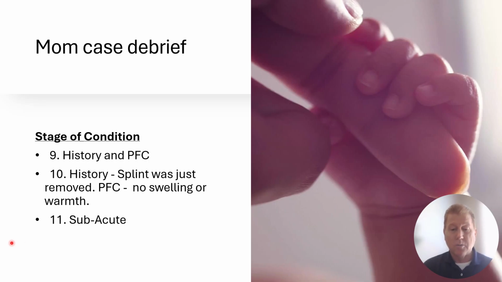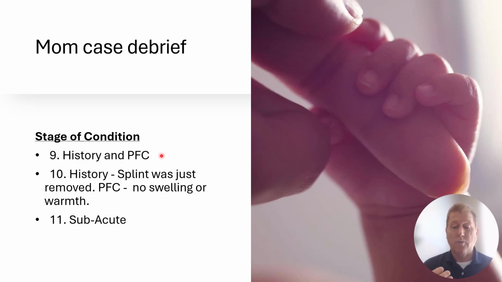Their stage of condition. Remember from video 1, we said if you are immobilized and you come out of that splint, you are automatically in the subacute category. In most cases, you've been in the splint long enough for something to settle and to heal a little bit. So you've moved from that acute stage into the subacute phase. We get those pieces of information from both our history and PFC, which is palpation for a condition.